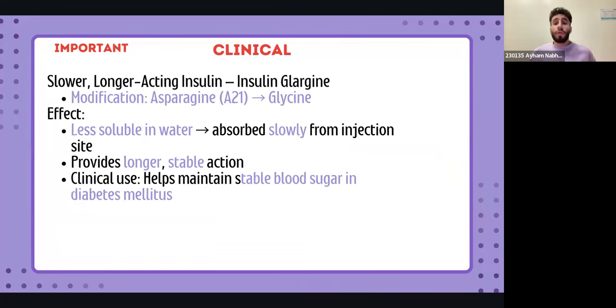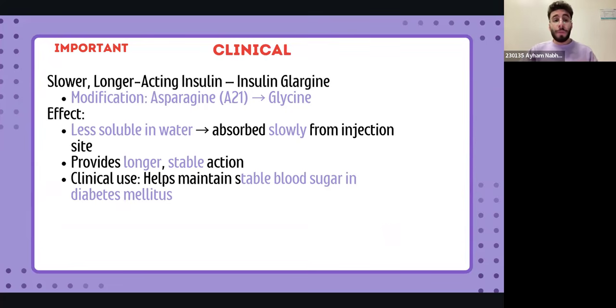Now, one of the most important clinical ideas that the doctor talked about is the slow, long-acting insulin, which is made in the lab to be given to diabetic patients, to maintain a longer action and make it easier to use.